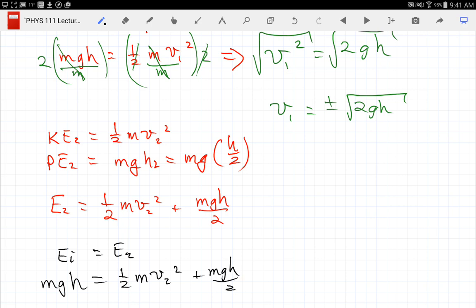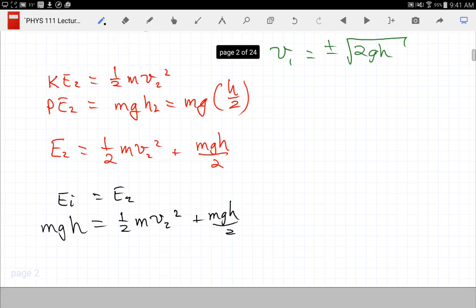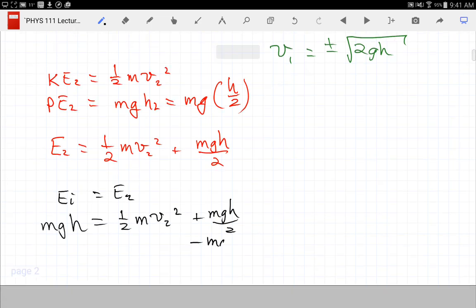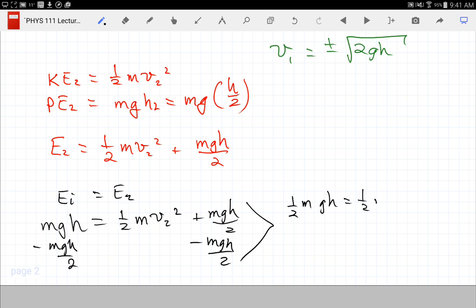Well, I want to solve for v. So if I want to solve for v, I'll have to subtract mgh over 2 from both sides. And what that leaves me with is 1/2 mgh equals 1/2 mv2 squared.